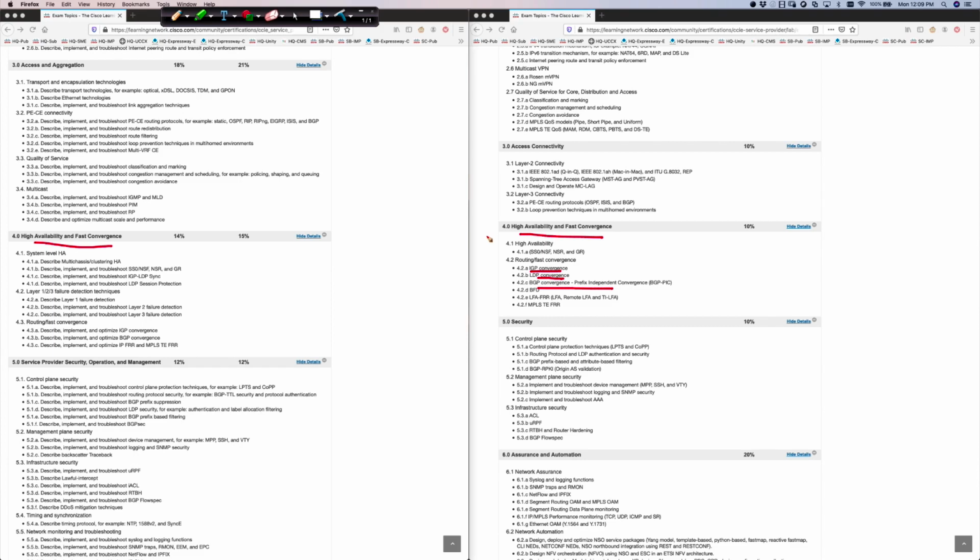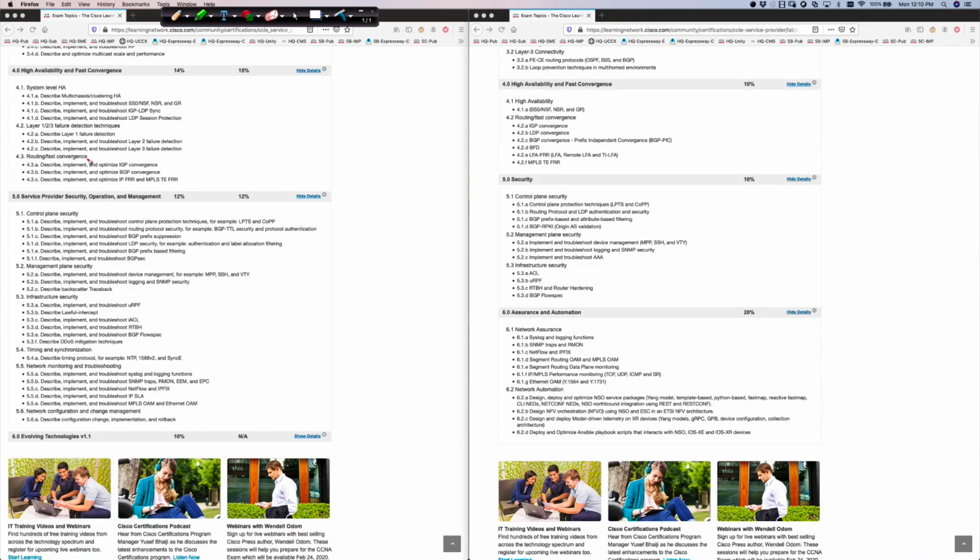There are absolutely no changes in domain number 4. Now, domain 5 is pretty similar to the older blueprint. We still have control plane security, management plane security, and infrastructure security, which is still there in the new blueprint, so no changes happened in the security domain.